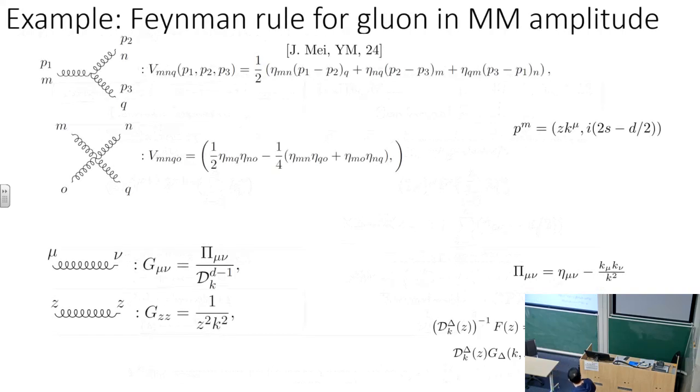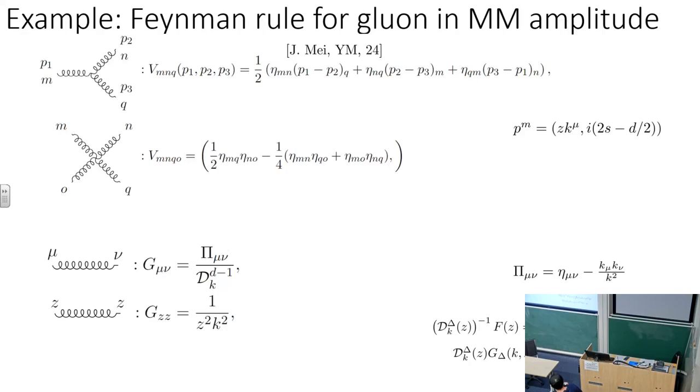So as an example of this Mellin momentum amplitude, you can write down the Feynman rule for some fairly simple theory compared to gravity. You can write down a Feynman rule for gluon in AdS, and the Feynman rule is just like in flat space, but now you just replace the zeroth component of the energy with this Mellin variable, and the propagator is like that.